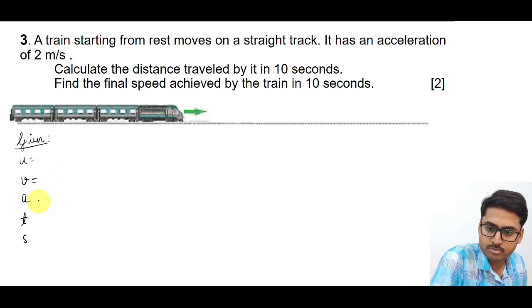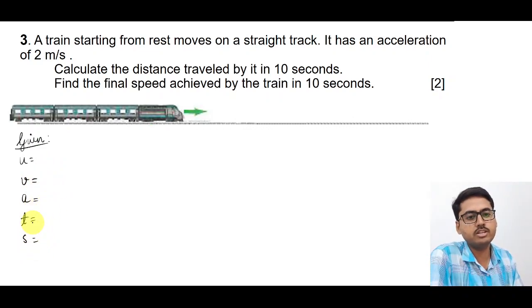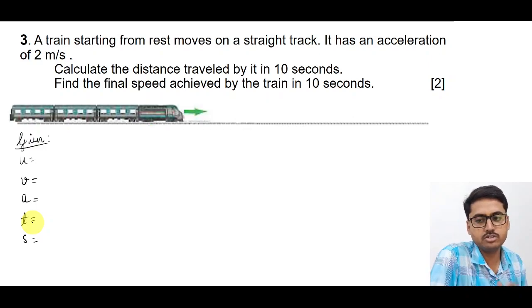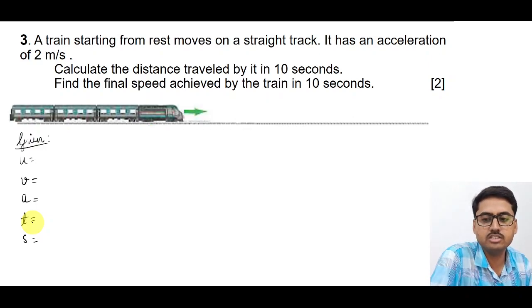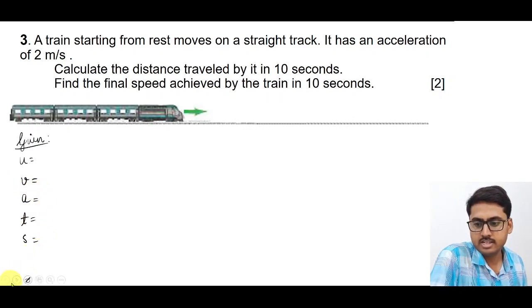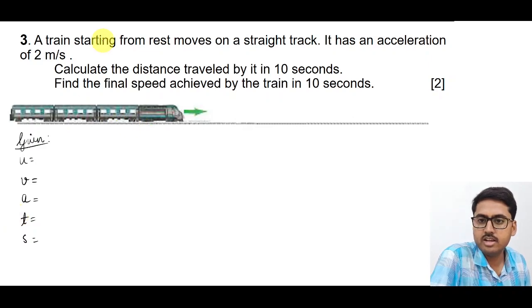This is the problem solving technique you all must follow for solving any numerical based on 3 equations. You must write the information in the table like this, and then take your pen and pencil, and when you read the question, start underlining as I do it.